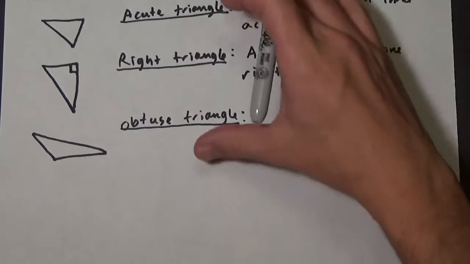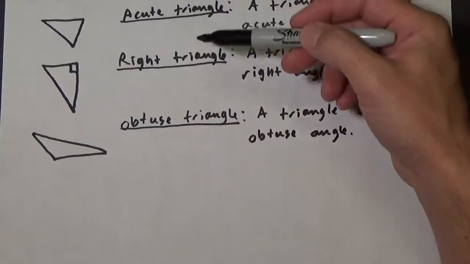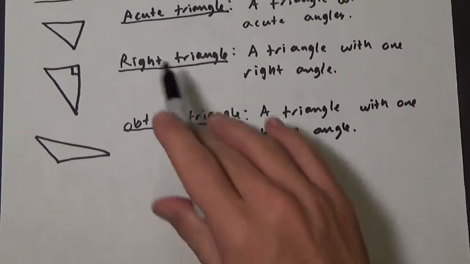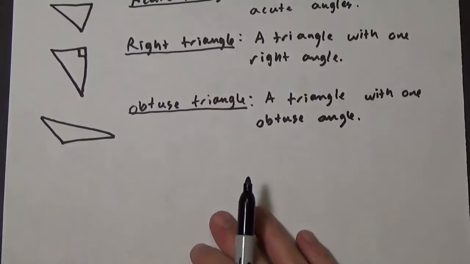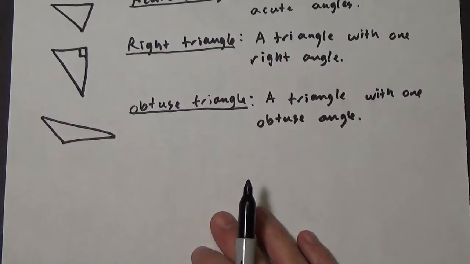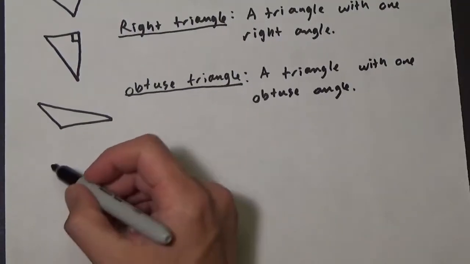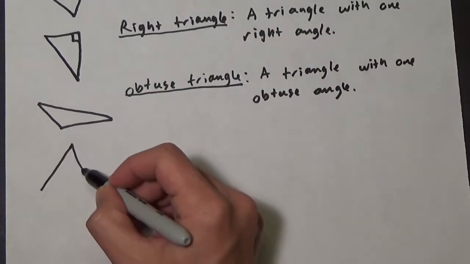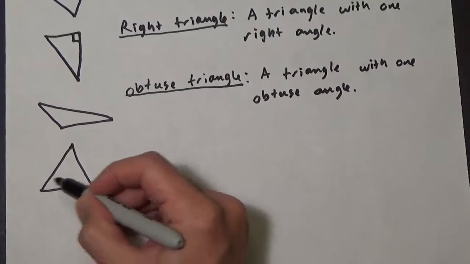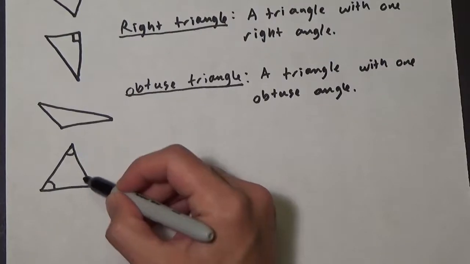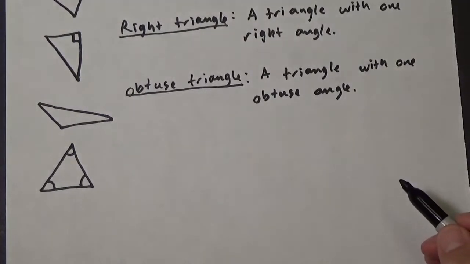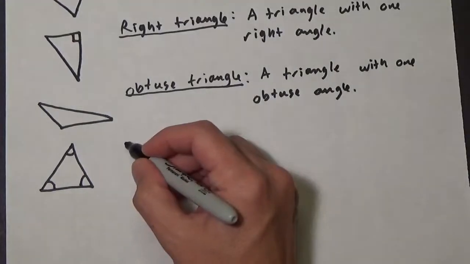Every triangle has to fit into one of these: acute, right, obtuse. There is a fourth one, and this is a special situation for an acute triangle, and that is, let's say we have a triangle with three congruent angles, and we can call this an equiangular triangle.